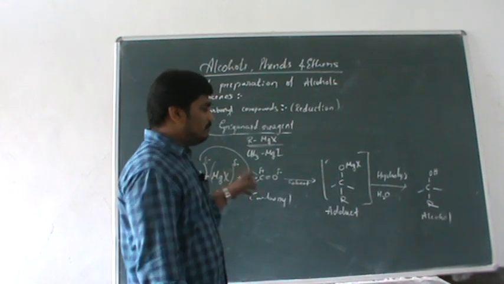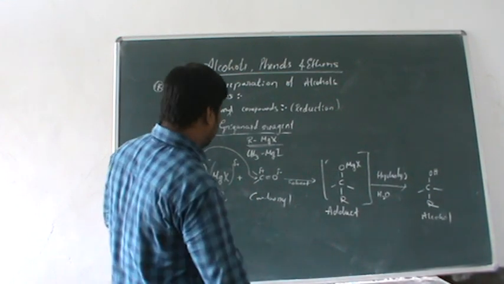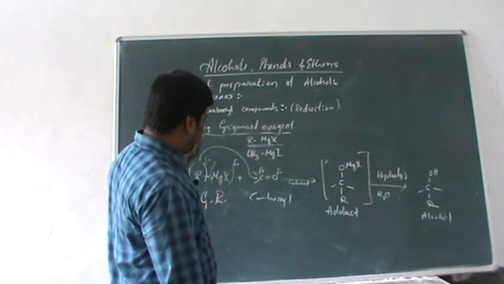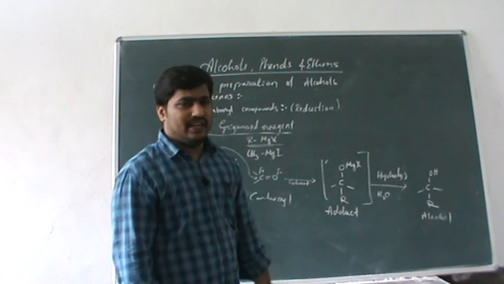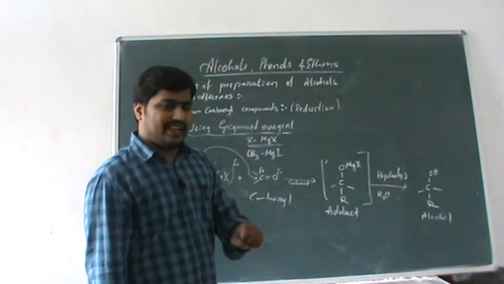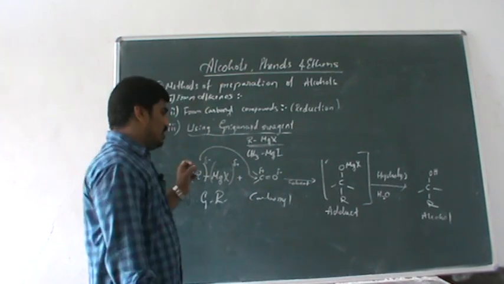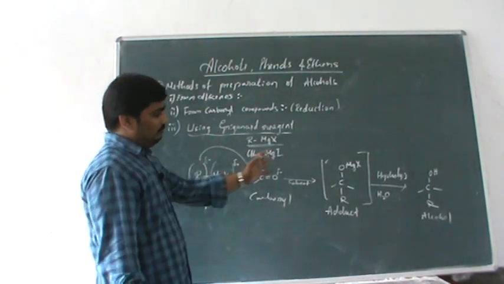So this part is very important from your exam point of view. If we know the general mechanism or general reaction, then giving the examples becomes very easy. Please concentrate on this one.